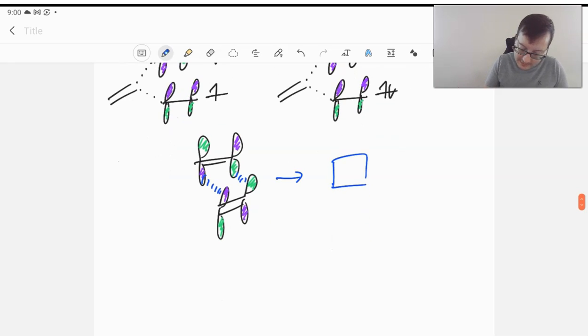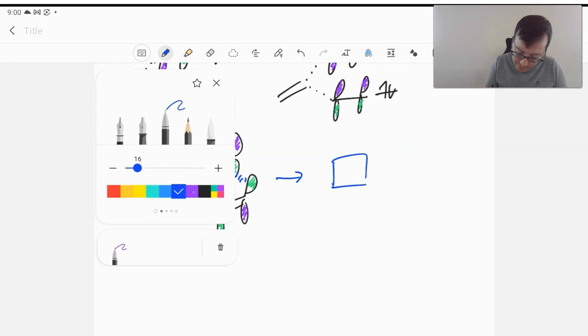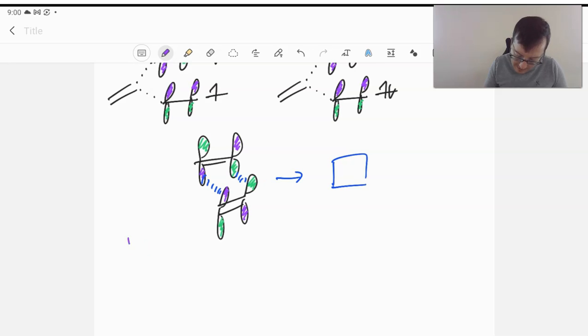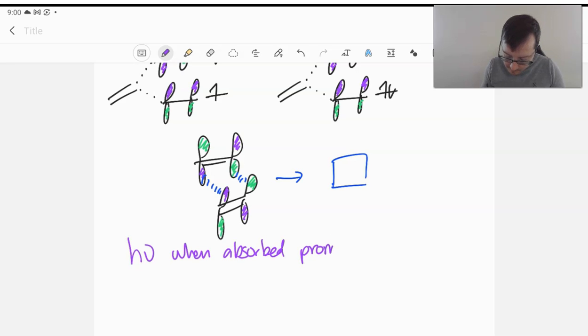Remember that that's the important part here, is that UV light, h nu as we often write it, when absorbed, promotes an electron to a higher energy orbital.